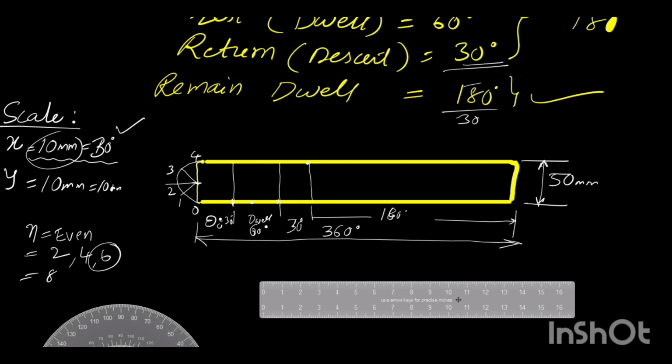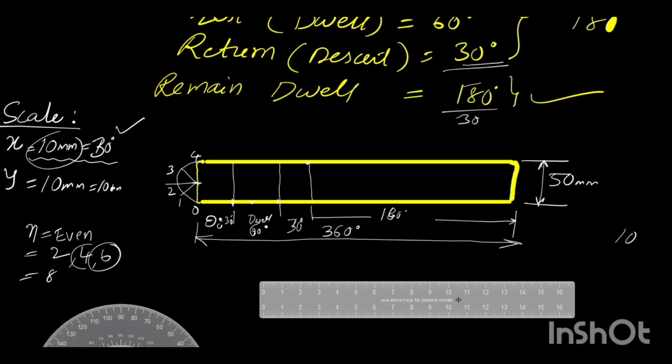Okay, so now you have to create a profile like SHM. It means the displacement diagram or displacement graph. Okay, so you have divided this semicircle into 4 equal parts. The same thing you have to divide in the horizontal also. Horizontal it is given as 30 degree, which actually is 10 mm. So 10 mm divided by how many parts? 4 parts.